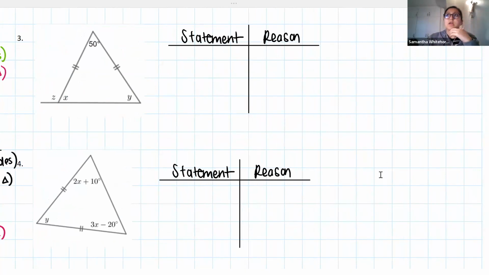Remember your reasons, remember your statements. Obviously, if you're feeling a bit stuck, start by seeing what information the question has given you. So what do you know? And how does what you know help you to get your unknown angles? So give those 2 a try.